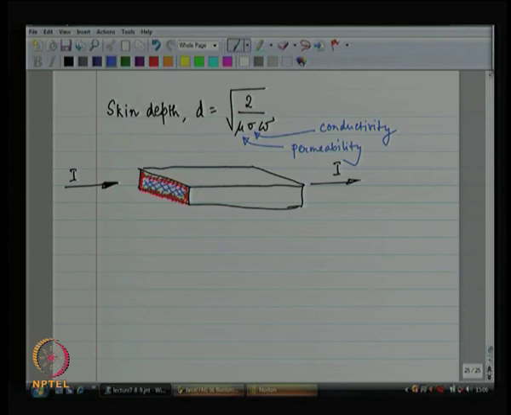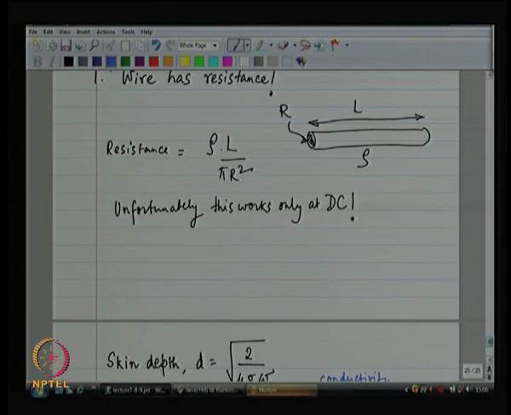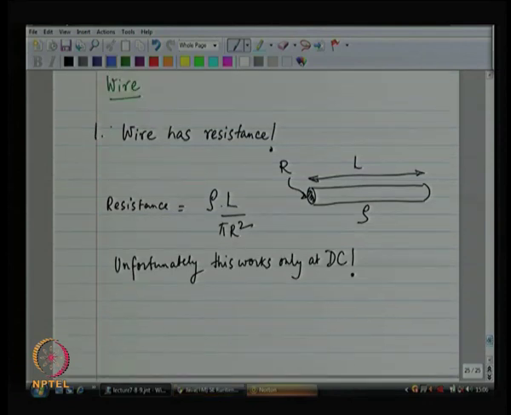Okay. So, in the light of this, what is going to be the resistance of my wire? Well, now current is going to be conducted only on the surface till a depth d. So, it is like you have got an annulus on the surface through which current is going through, right.